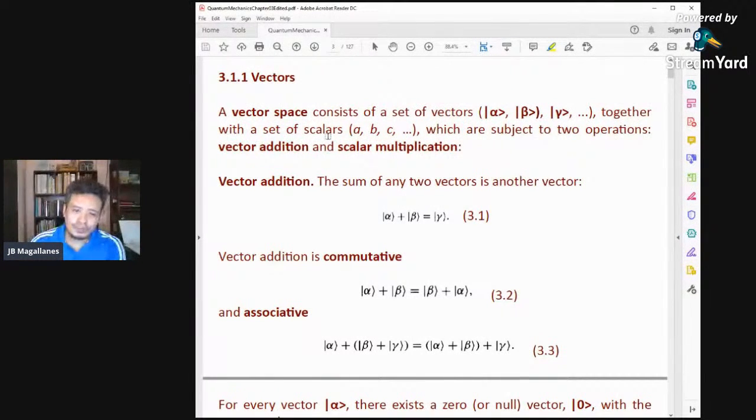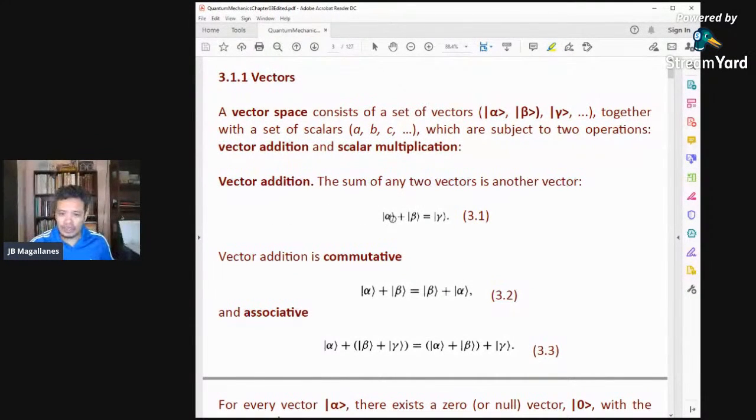So a vector space consists of a set of vectors, alpha, beta, gamma, and so on, together with a set of scalars, a, b, c, and so on, which are subject to the operations vector addition and scalar multiplication. So here you can add 2 vectors.